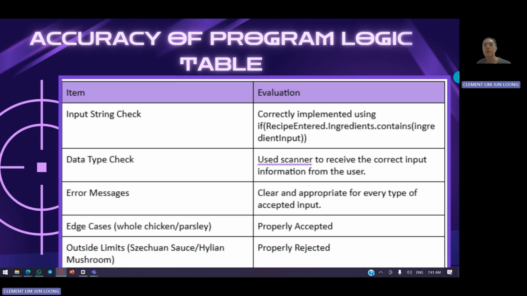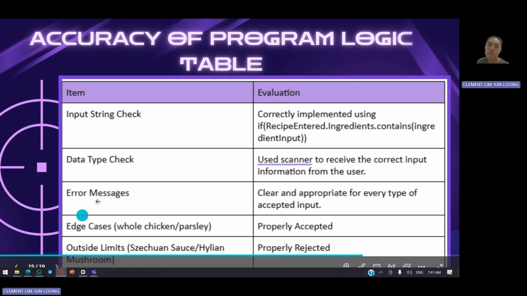So accuracy of programming logic table. Here we have items and evaluation. Input string check. It is correctly implemented using if recipe enter dot ingredients dot contains ingredient input. On the second one, data type check. It used scanner to receive the correct input information from the user. For this one, error messages.